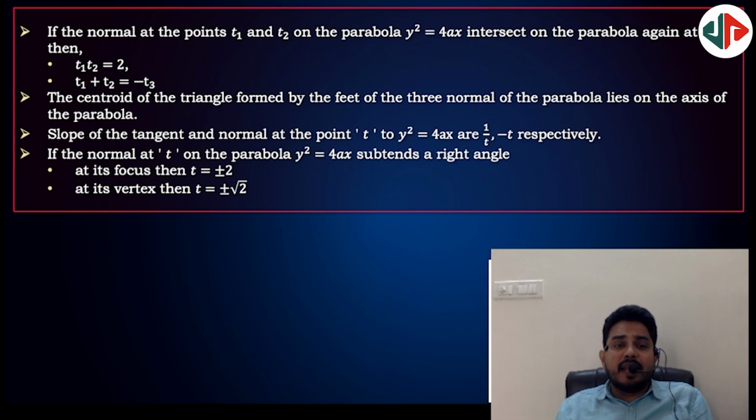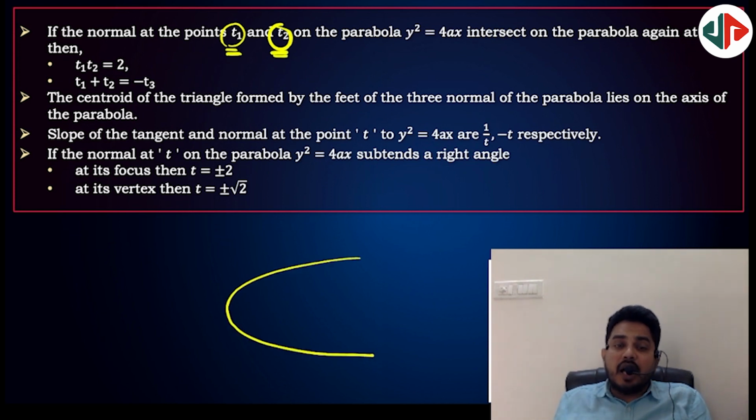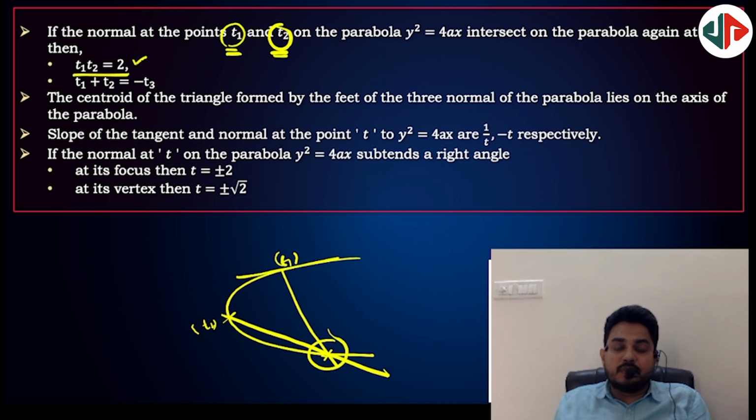If the normal at T1 meets the parabola again, so look at normal at T1, normal at T2. Both are intersecting on the parabola again. T1, this point coming, somewhere here T2 is there. This is also coming in here. So during that time, T1 T2 is equal to 2.